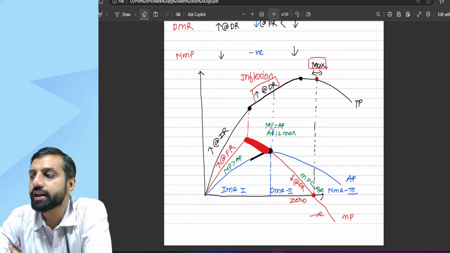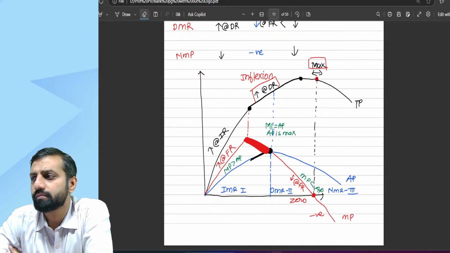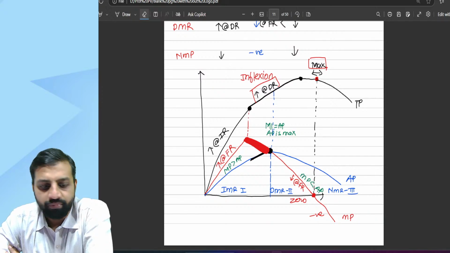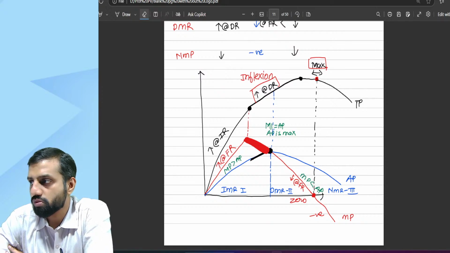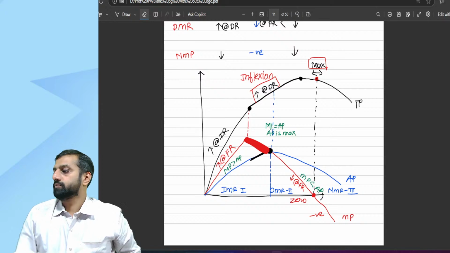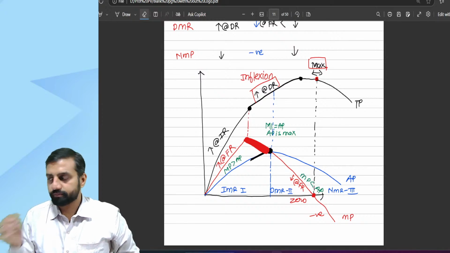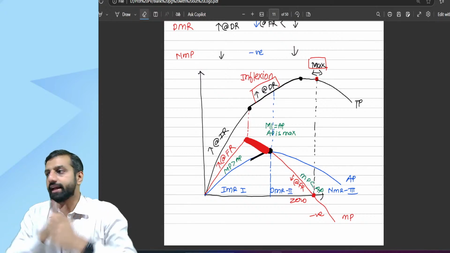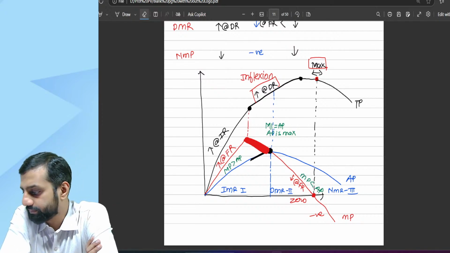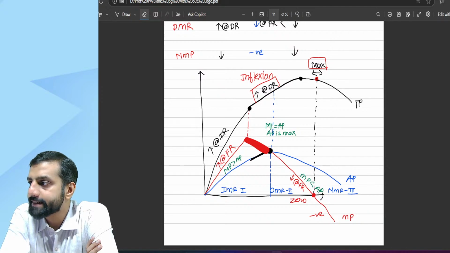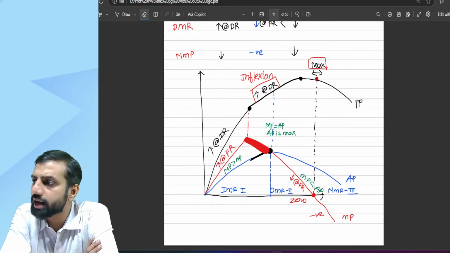Are we clear, Surya? Have you understood it? Let me know in the chat box whether you are clear or not. That's wonderful, Surya. Any other MCQ that I can help you with? Welcome, Rudra.